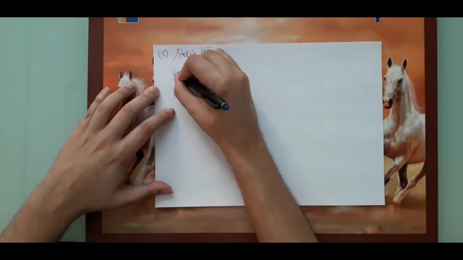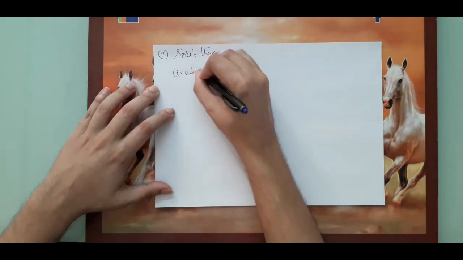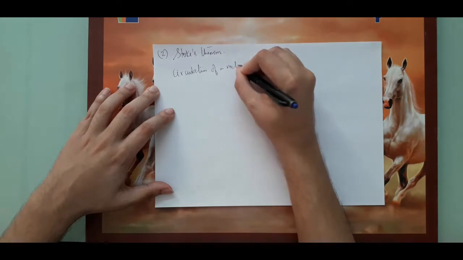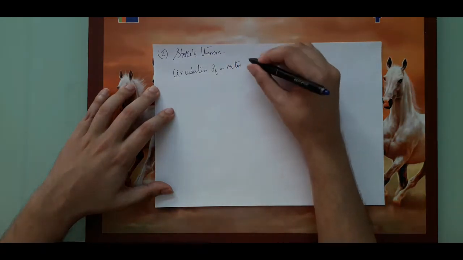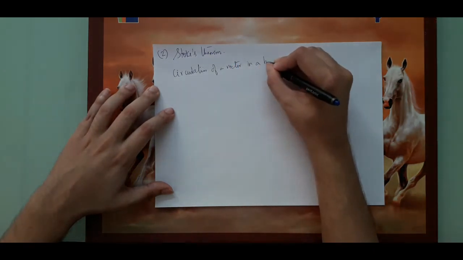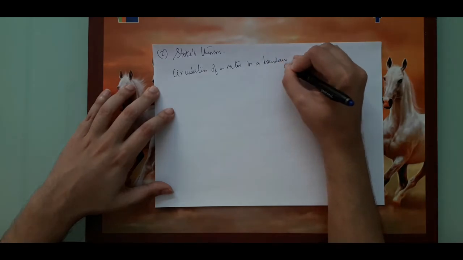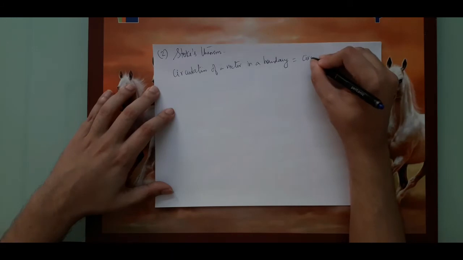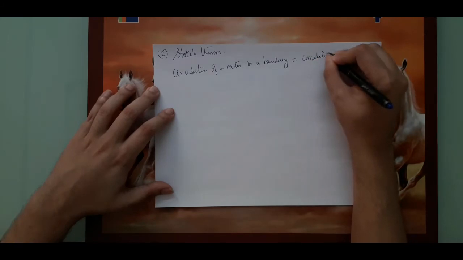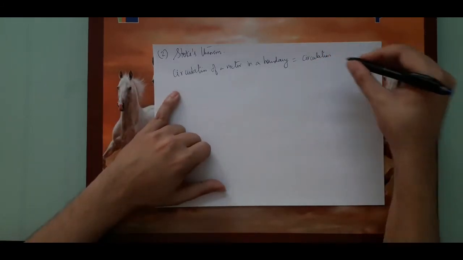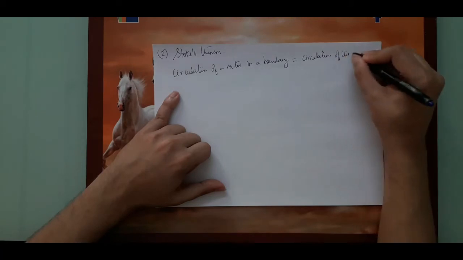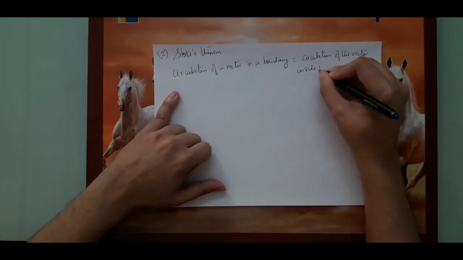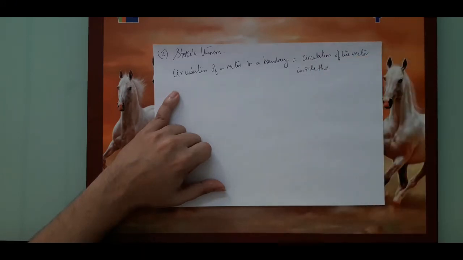So it says the circulation of a vector in a boundary is equal to the circulation of the vector inside the enclosed area.